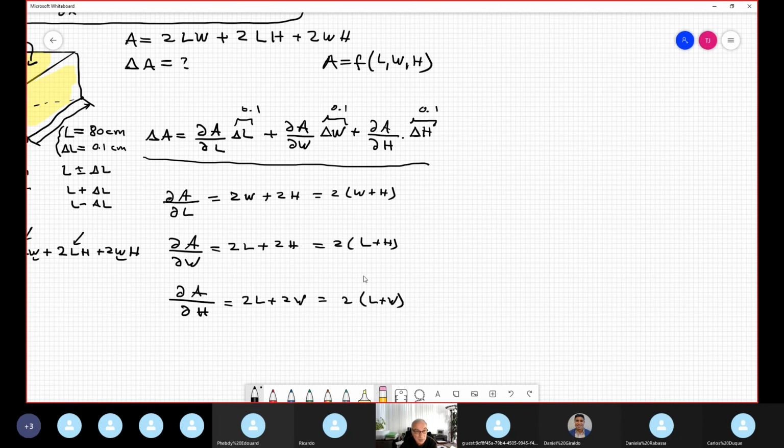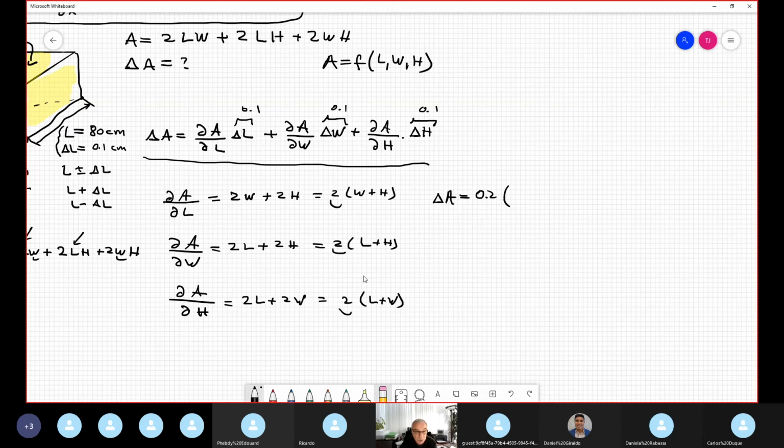And 0.1 multiplied by 2, because you have 2 in every expression, gives 0.2. So delta A is equal to 0.2. Where does 0.2 come from? Well, 0.1 times 2, no?